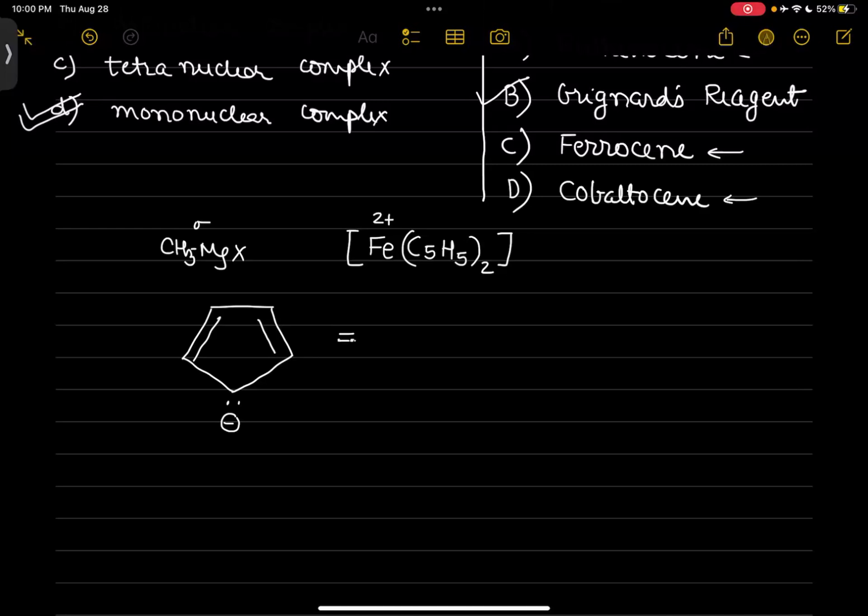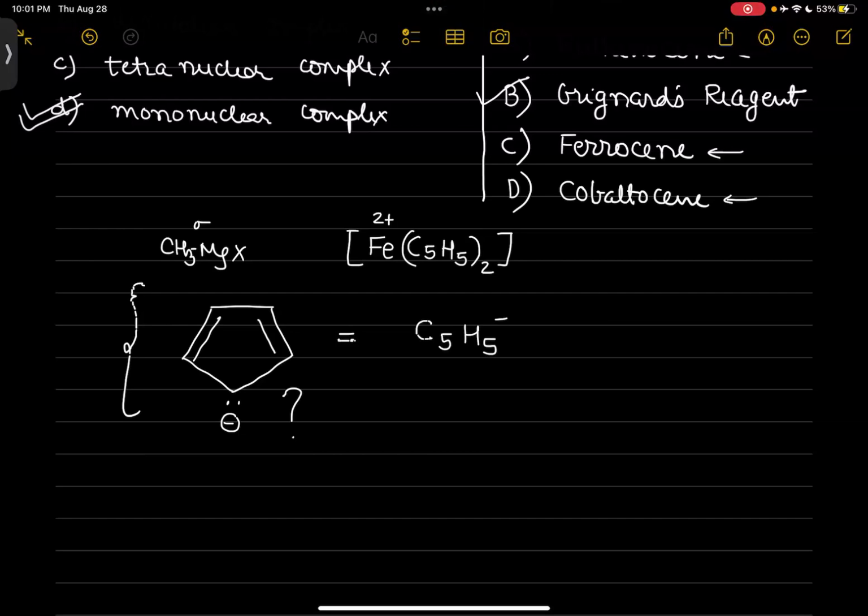So can you tell me, Jovita, one speciality of this compound? Ferrocene has two cyclopentadienyl anion rings. So I'm asking what is special about this? Any phenomena which you can associate with this? This compound is having a cyclic structure, right? That you can very well clearly see.